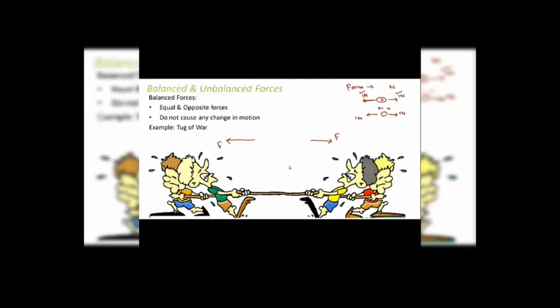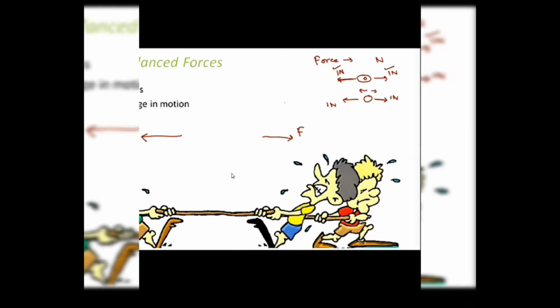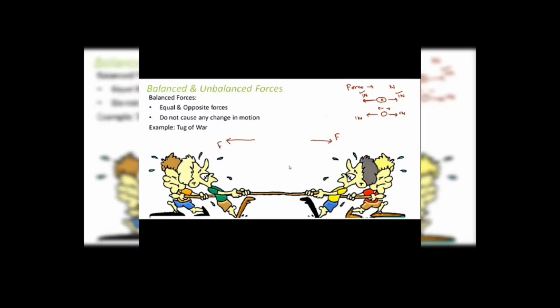If you apply a force that is equal and in the opposite direction, then the object will not move in any direction. So these balanced forces do not cause any change in motion. The best example you can think of is tug of war. You might have played this game. There are two teams, one on each side, and both teams try to pull the rope on both ends, right?